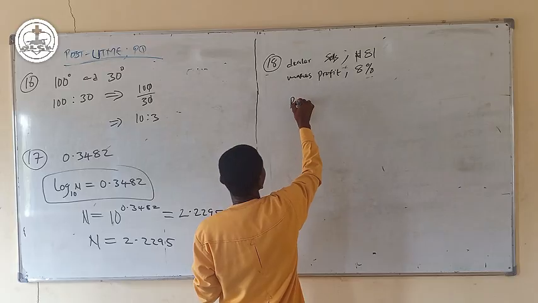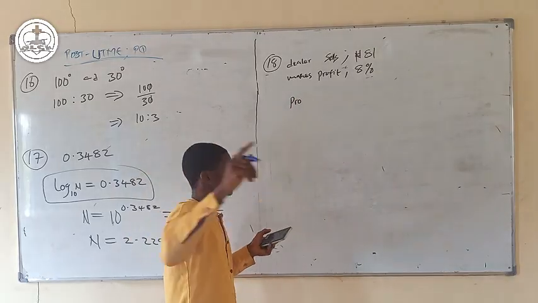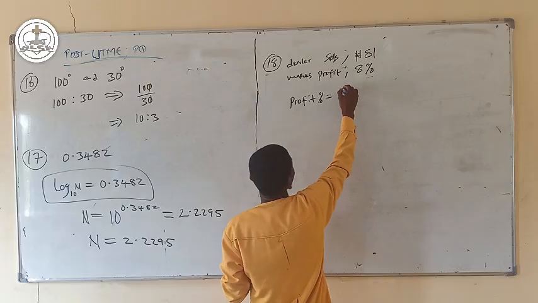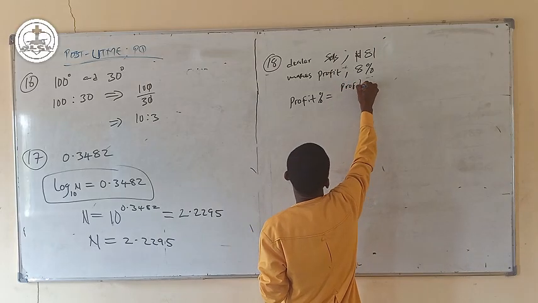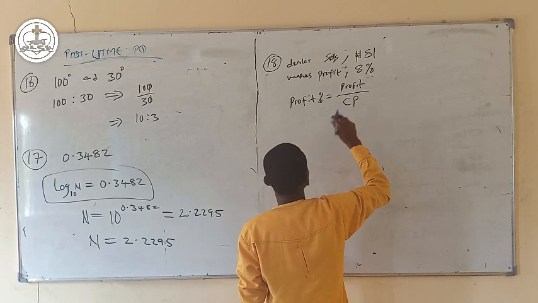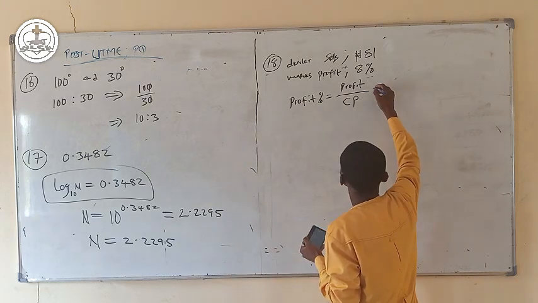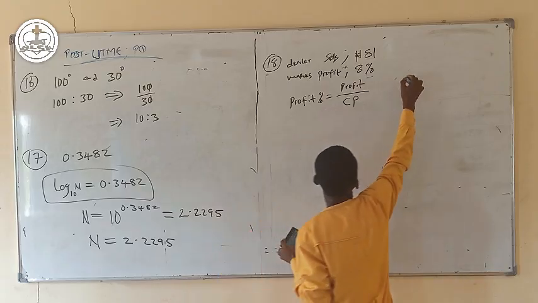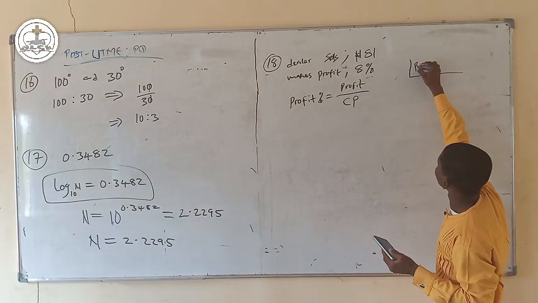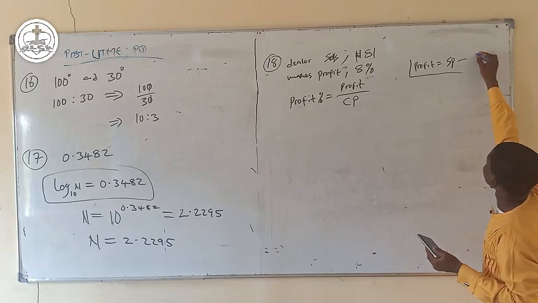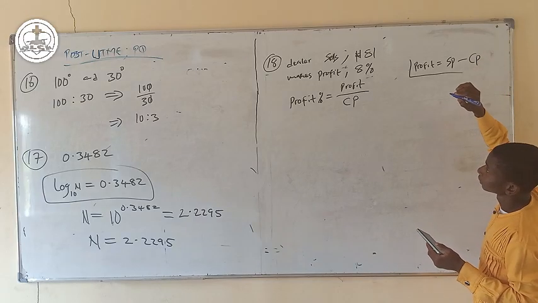So here we have our profit percent. There's a formula for that. Profit percent is equal to profit over cost price. That's the cost price of the bicycle. Our profit is written as selling price minus the cost price.